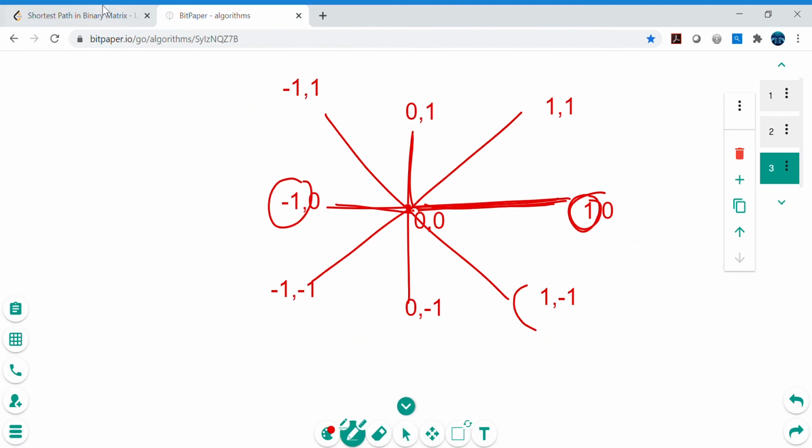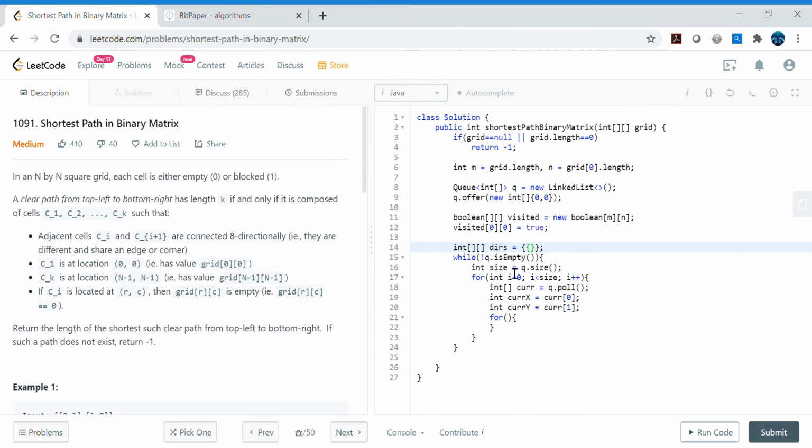So let's go ahead and take these: 0 1, 1 0, -1 0, 0 -1, and then 1 1, 1 -1, -1 1, and -1 -1.